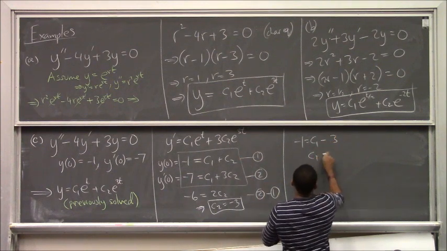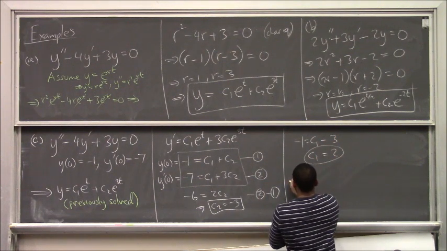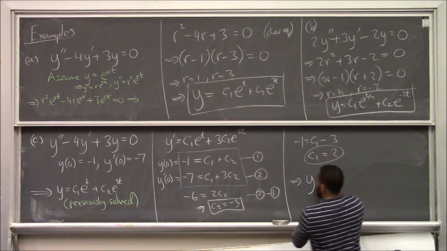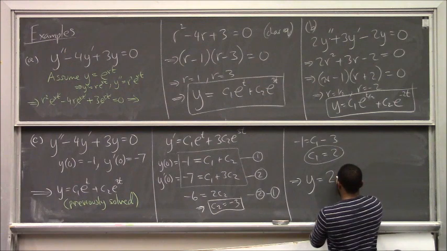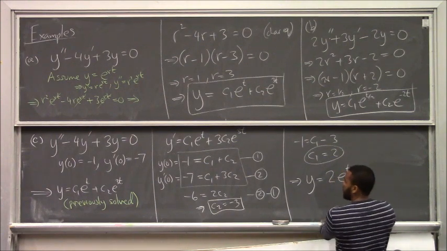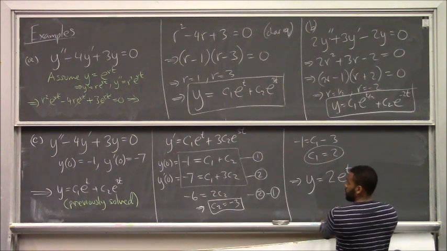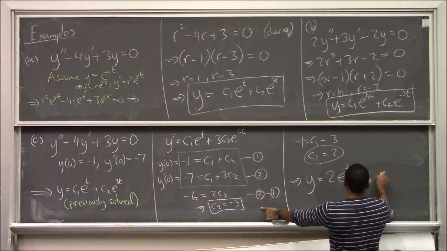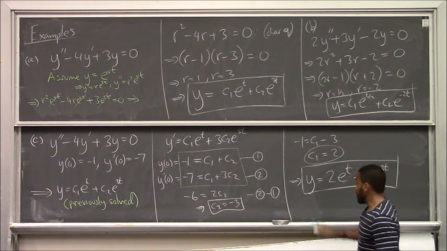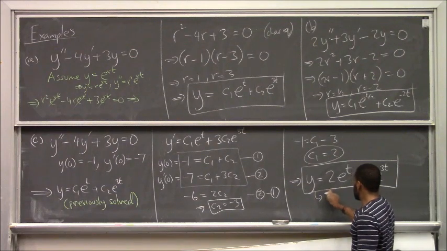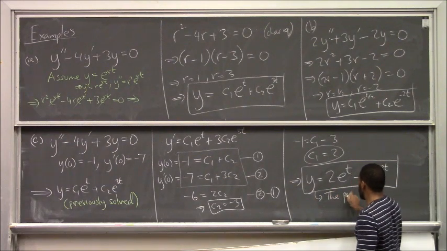So my C1 is going to be equal to 2. This means that y is equal to 2e to the t minus 3e to the 3t. Yeah, it's the same. By the way, this is called the particular solution.